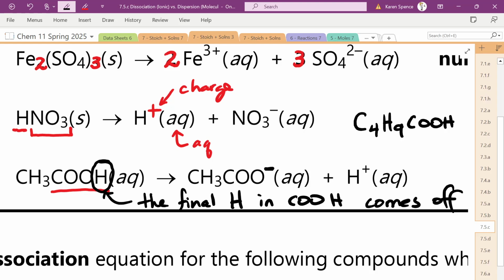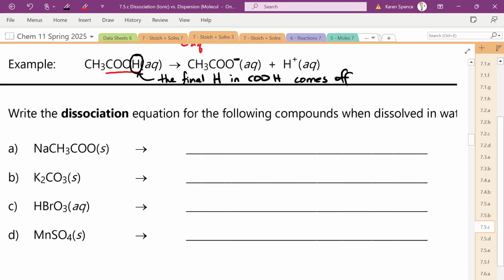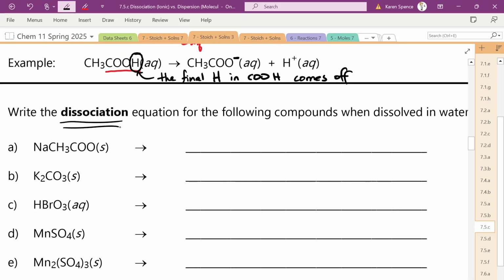They're always going to be -1 because they're always with a +1. Okay, so don't get confused by that. Whatever it is, C4H9COO minus, that's going to be a -1 because the H is a +1. Okay? So you're going to write the dissociation equations for these ionic compounds and acids.